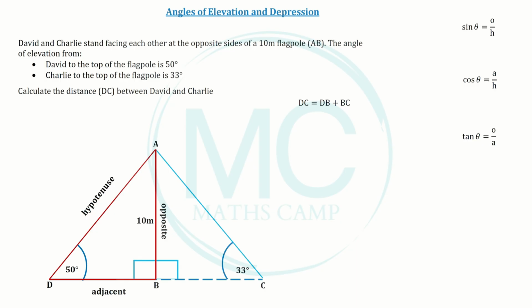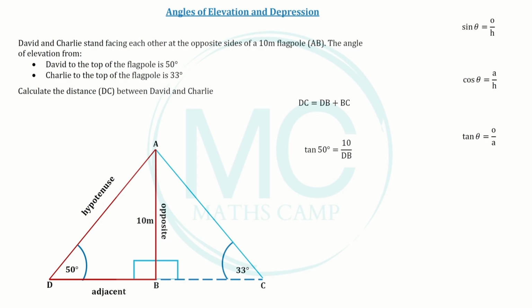We can now see the opposite side is 10 meters long and we need to find the adjacent side. We need a ratio that uses the opposite and adjacent sides, and tan uses both of these. So now we can say tan, our angle, 50 degrees, is equal to the length of the opposite side, 10, over the adjacent side, which we can call dB.